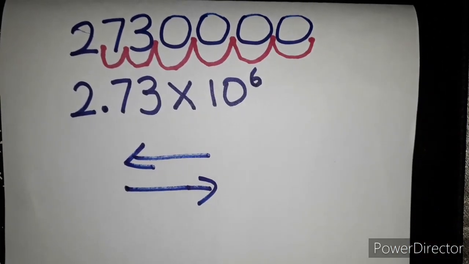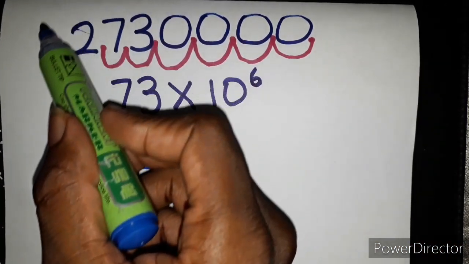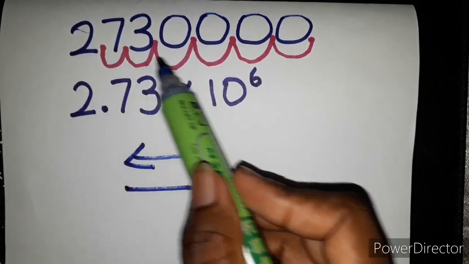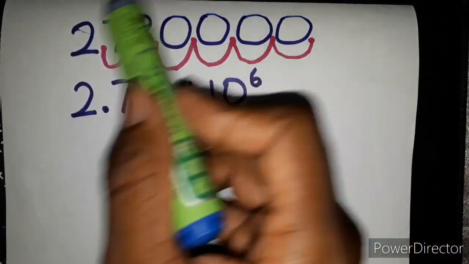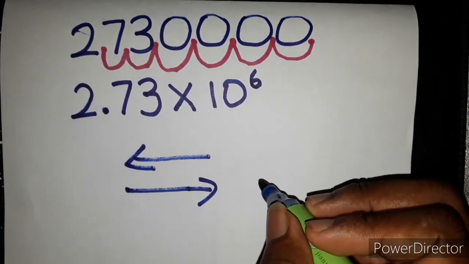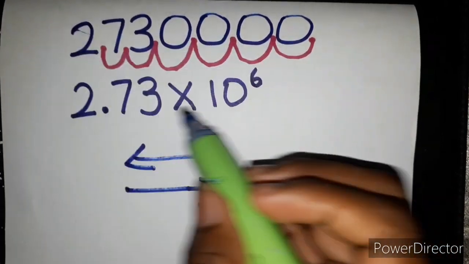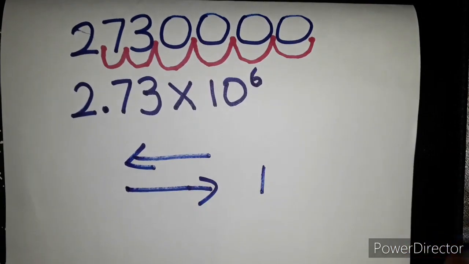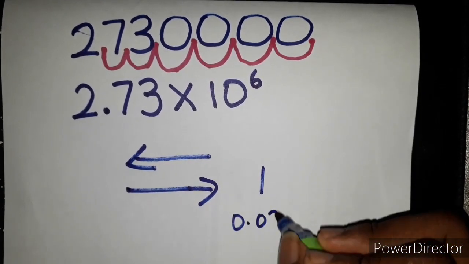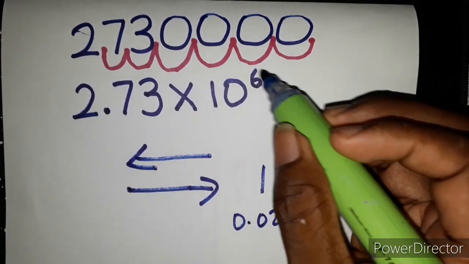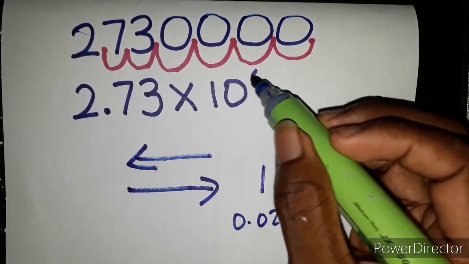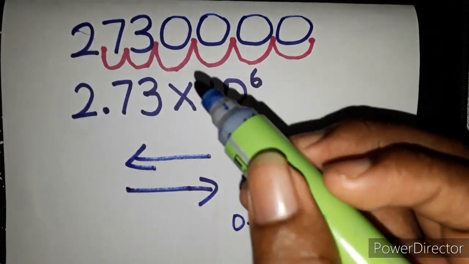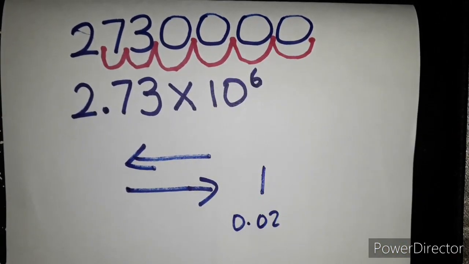Or another explanation can be, if the original number, which is 2,073,000, is more than 1, this number has to be positive. If it is less than 1, for example, let's say 0.02, then when you're raising this by the power, it has to be negative. Let me show you another example to tell you what I mean.